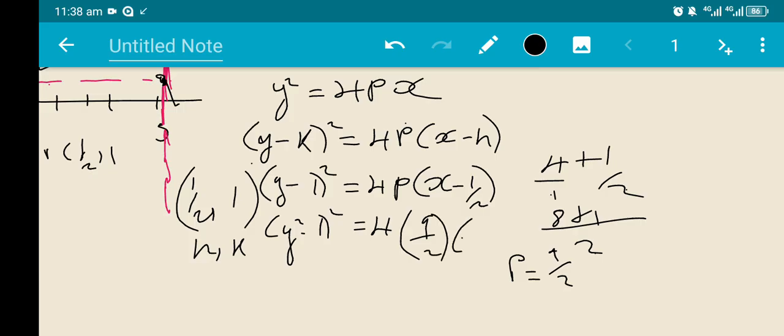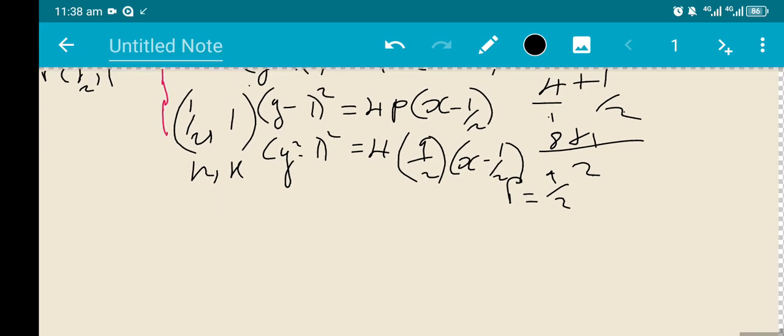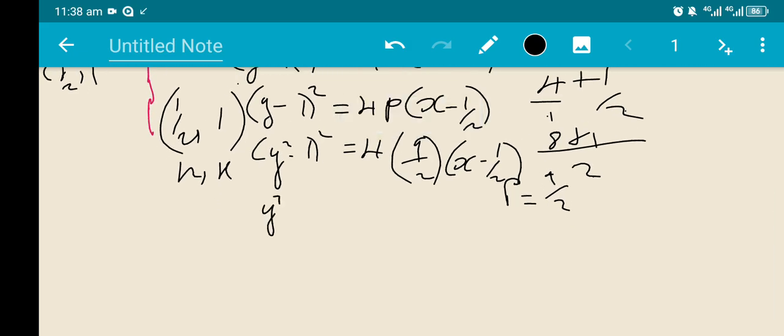Then we say x minus 1 over 2. Let's simplify this even further. Sorry, the squared isn't supposed to be there; it's supposed to be here. So this will be y minus 1 squared should be equal to, what is 4 times 9? That's 36, divided by 2, which can be simplified.